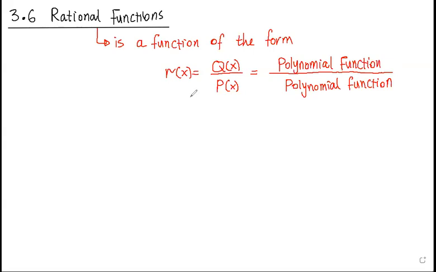First of all, we have to know the function q of x and the other function b of x, both of them are polynomials, such that they do not have a common factor. There is no common factor between q of x and b of x. And the second thing we have to know, the graph for r of x does not look like the polynomial function.